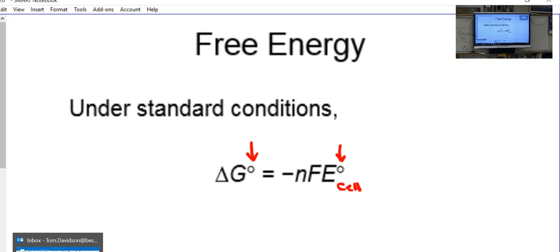So under standard conditions, delta G standard is equal to negative NF E naught of the cell. We do not have to account for these under non-standard conditions anymore. So we will not have to learn the Nernst equation and how it applies to these problems.